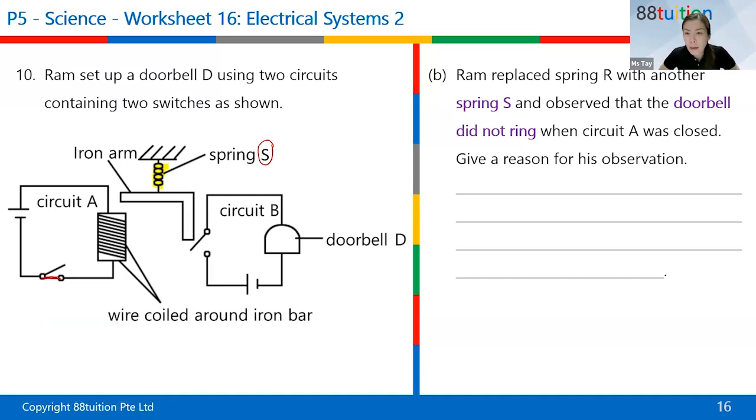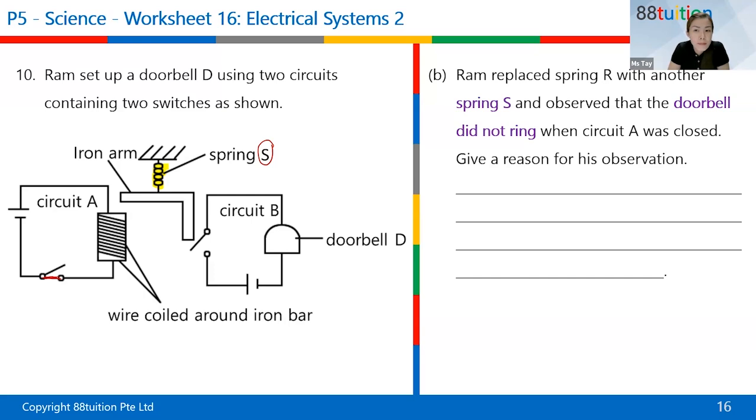Will the spring lead to an open circuit or a closed circuit? Is it part of the circuit or is it outside the circuit? Jiaqi, are you here? So what do you think, Jiaqi?